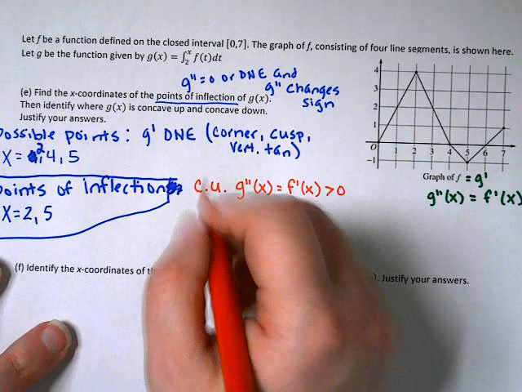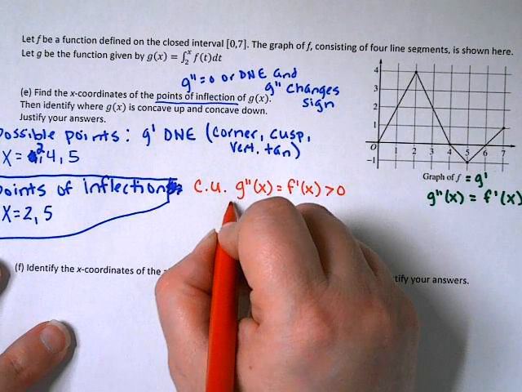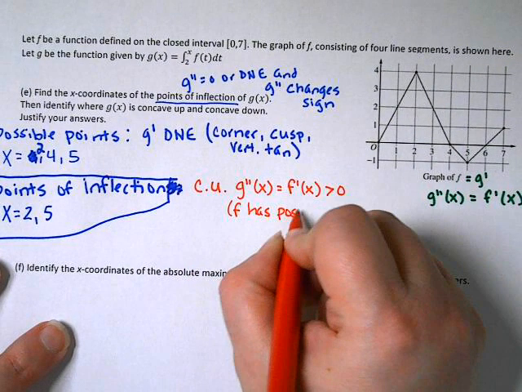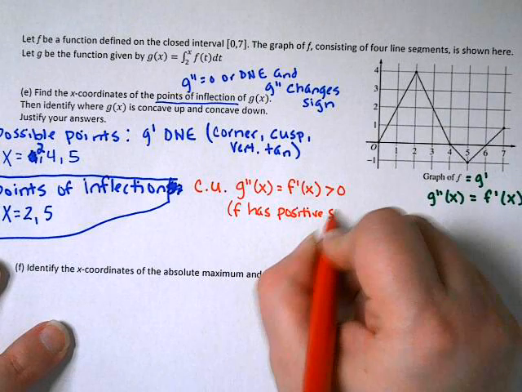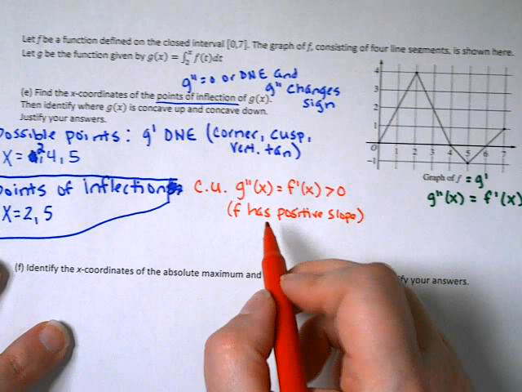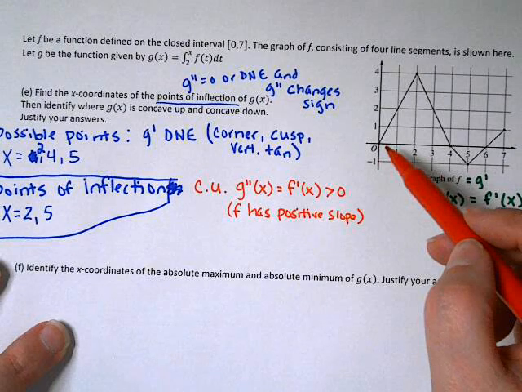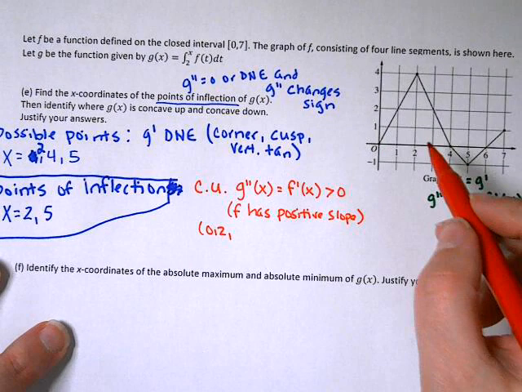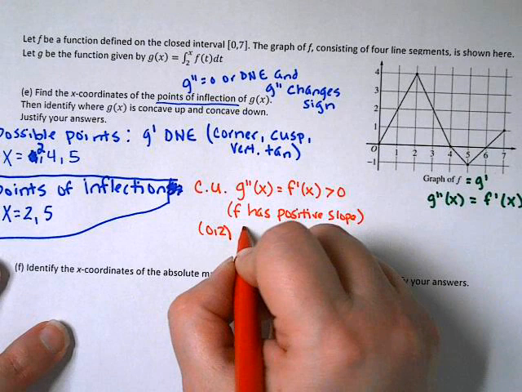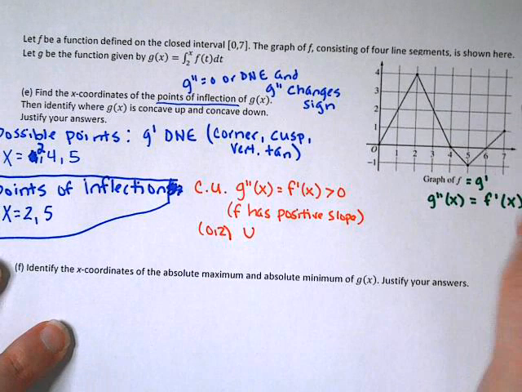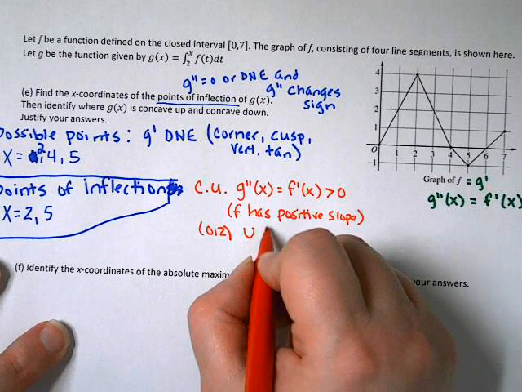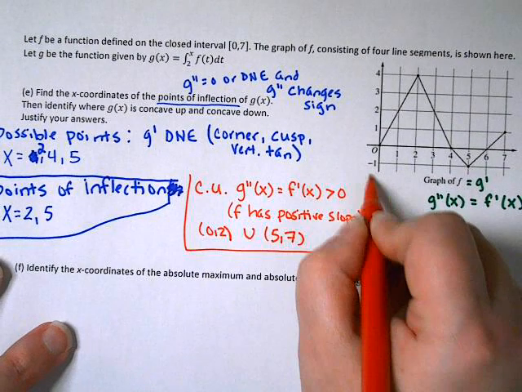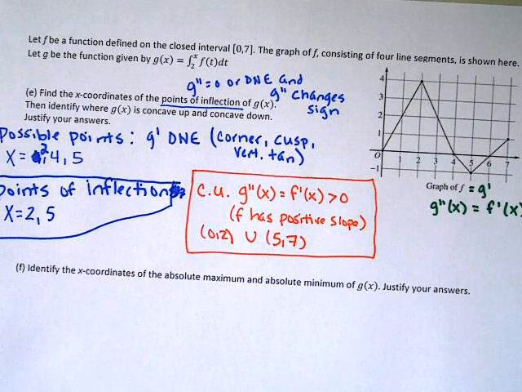What we're really saying here is that we want f to have a positive slope. So f has a positive slope from 0 to 2, and then it has a positive slope from 5 to 7. So that is where the function is concave up.